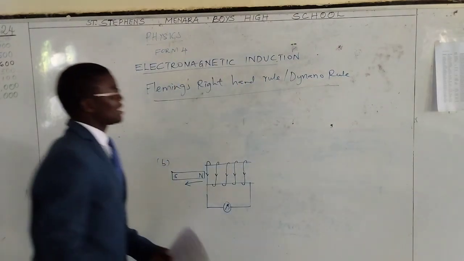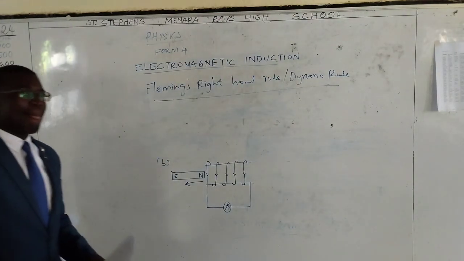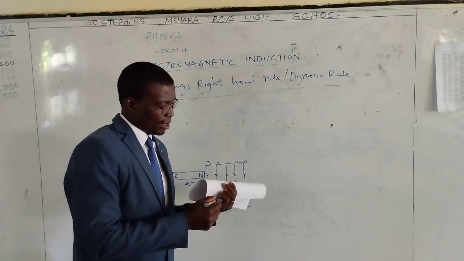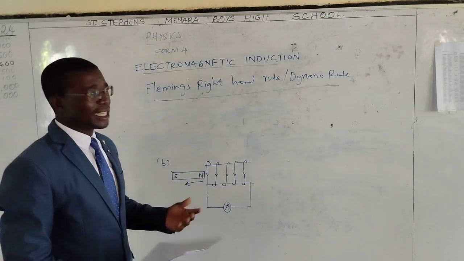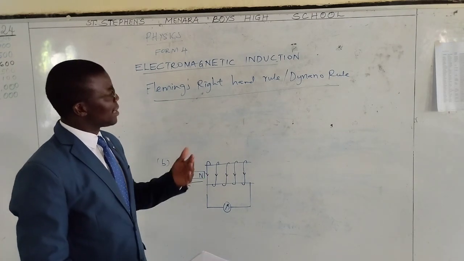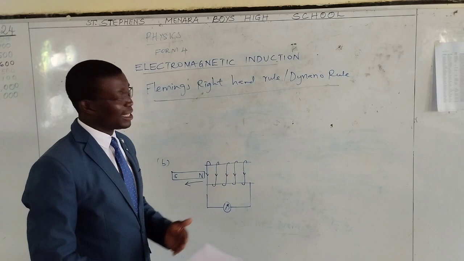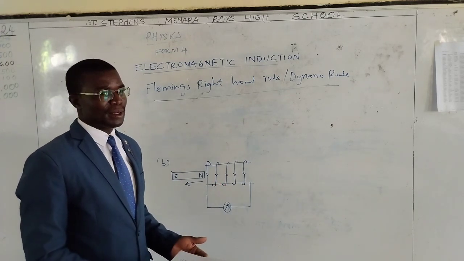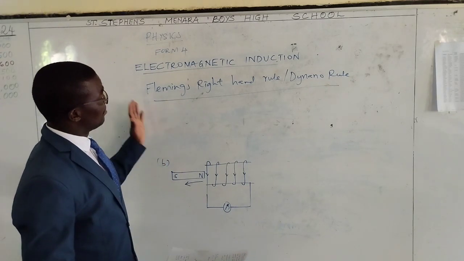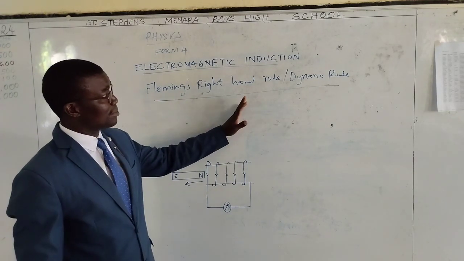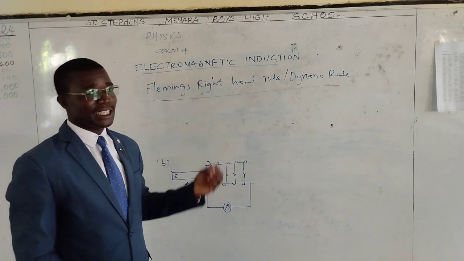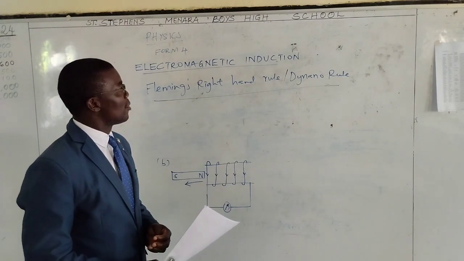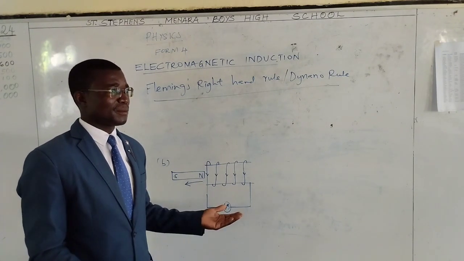In Fleming's left-hand rule, we were talking about a conductor carrying current in a magnetic field, and motion is caused in that conductor. It moves. That's according to Fleming's left-hand rule: a conductor carrying current, whenever it is placed in a magnetic field, will experience a force and it moves.